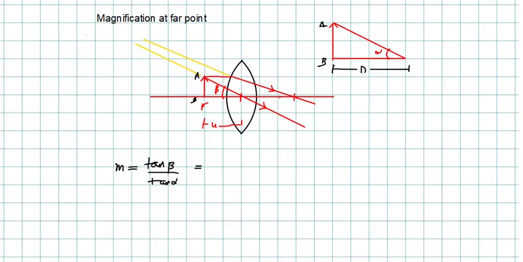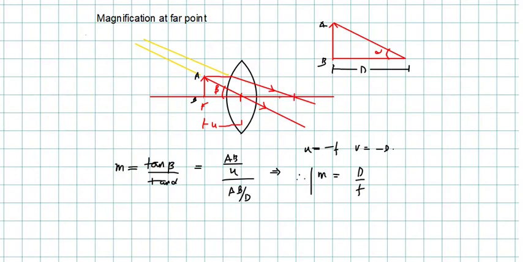So, now tan beta will be how much? You can see from the ray diagram, tan beta must equal AB by U, divided by tan of alpha, which equals AB by D. But here U is how much? Here U is minus F and V is minus D. Therefore, M must be equal to, and this AB gets cancelled, D by F, that is it.